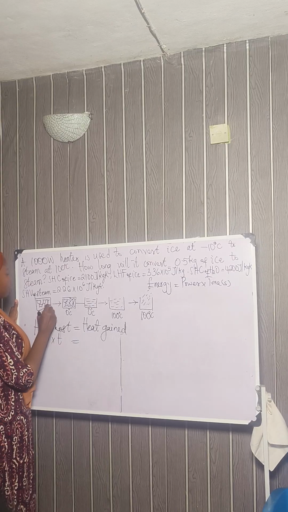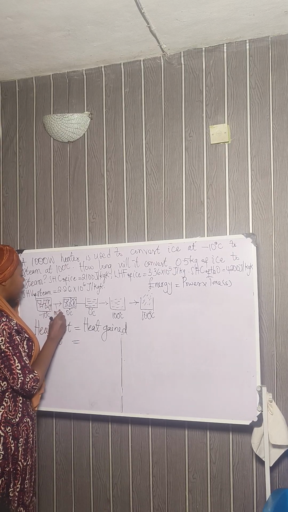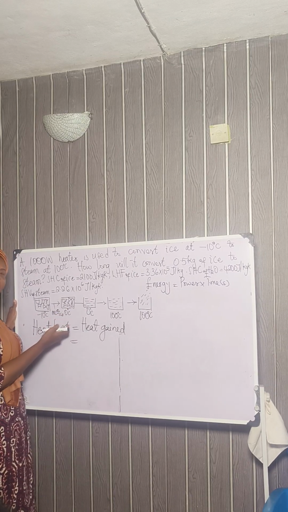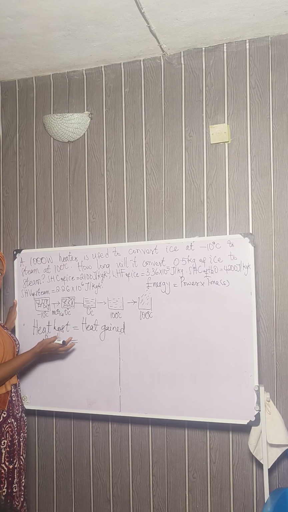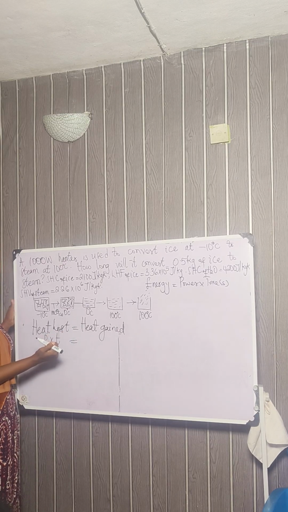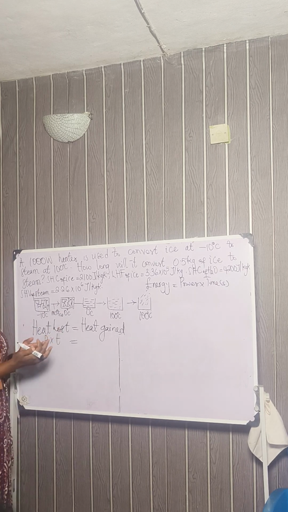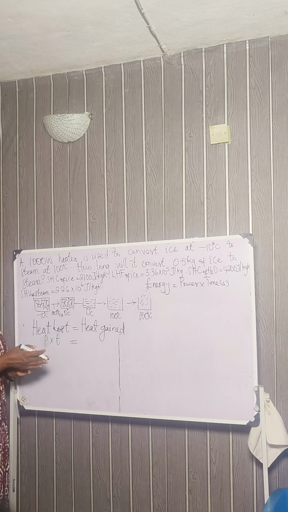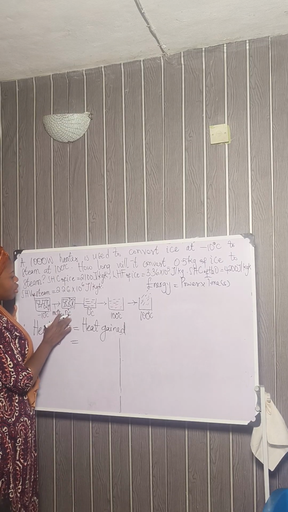Because there is a change in temperature, we have our MC theta ice. Here, there is no change in temperature. We call it hidden, that's that word latent. Latent means hidden heat. Heat is absorbed, but it does not cause any form of change in the temperature visible to the eye. So we can see 0 degrees Celsius, 0 degrees.